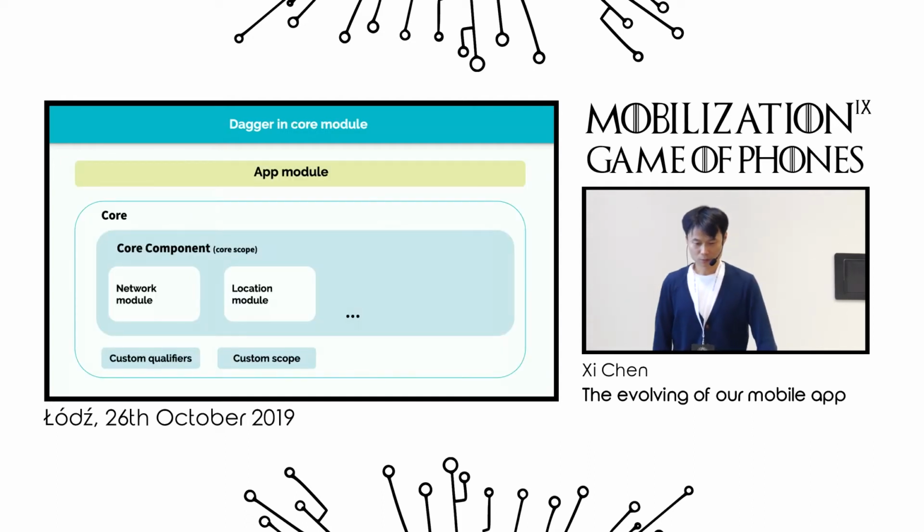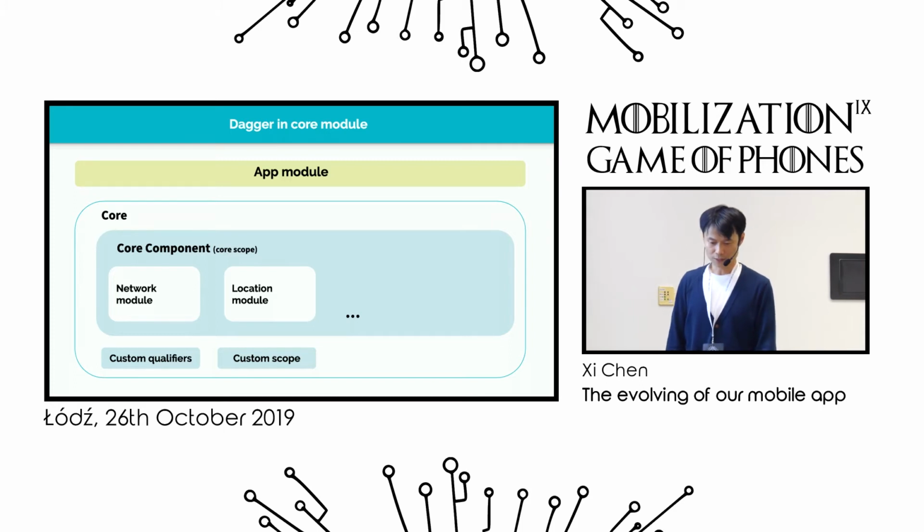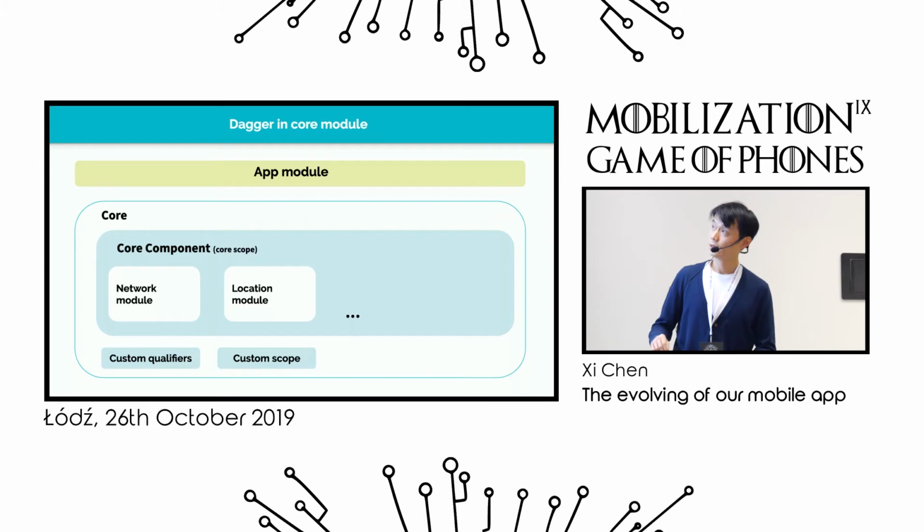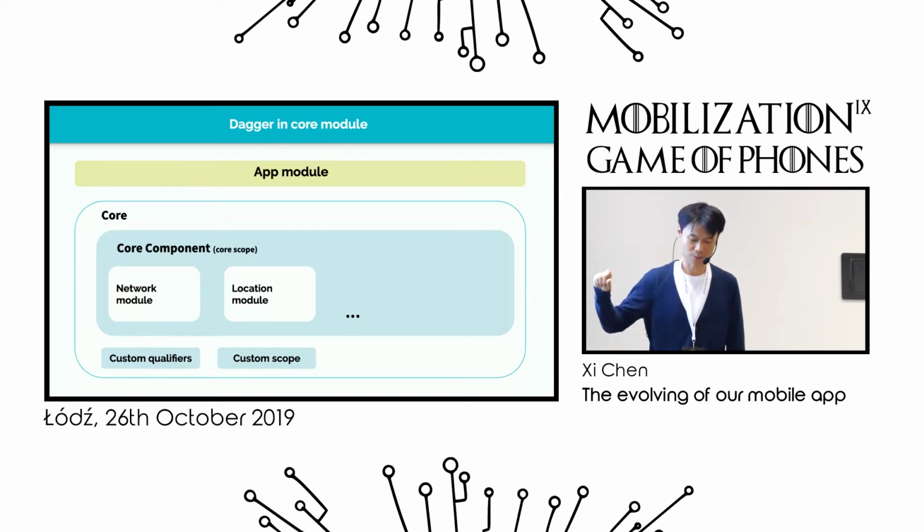Okay, we have scope defined, component defined. We need to define the modules. If you know Dagger, there are modules. So we need to further group our objects into different modules based on their functionality. For example, in the core project module, inside this core component, we need to have networking related objects.